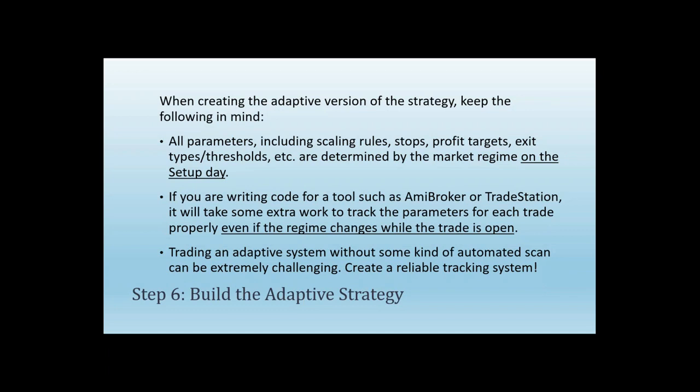So you need to be a little bit careful if you're writing this in AmiBroker or presumably in any other platform to make sure that you remember the market regime on the entry day. For example, when you're determining what to use as your RSI threshold for exit.